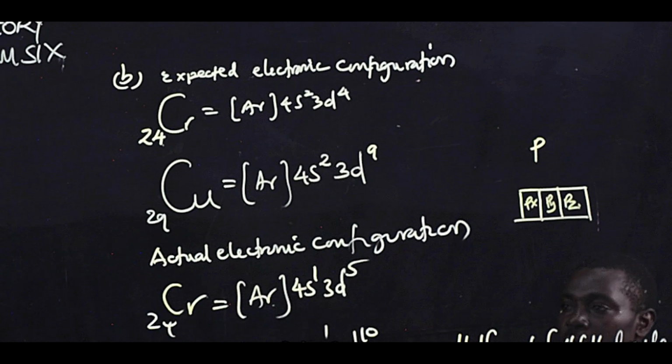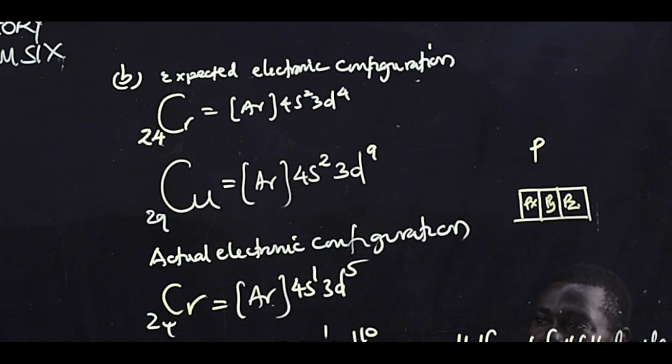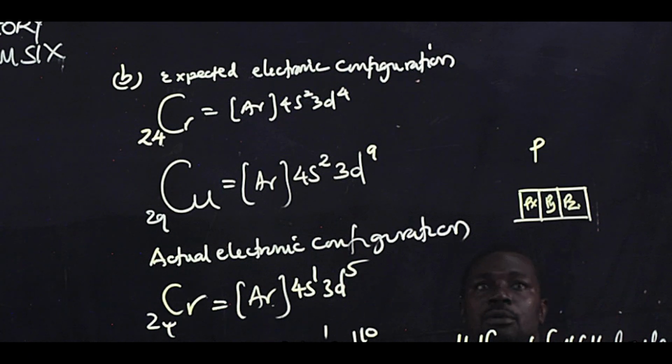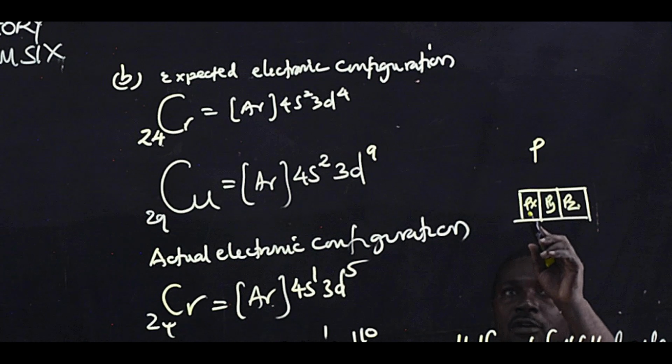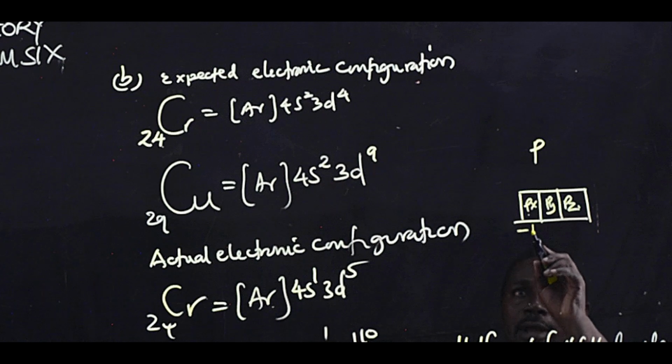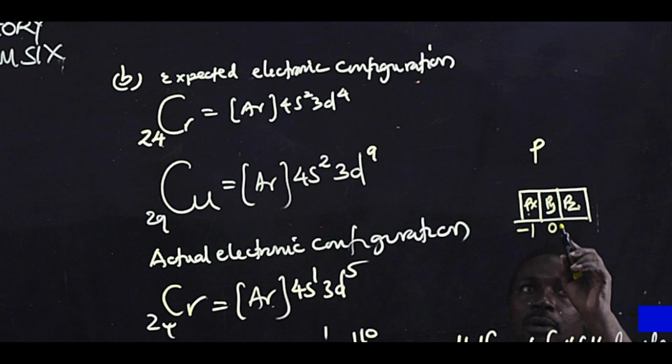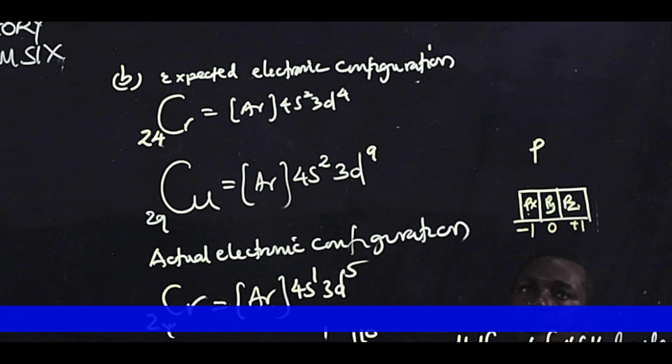So from Roman number 4, ML is equal to negative 1. The value of this orbital represented is negative 1, this one is 0, and this one is positive 1.